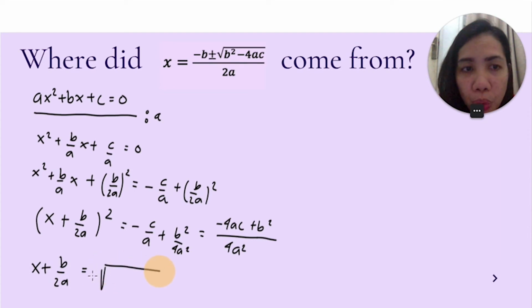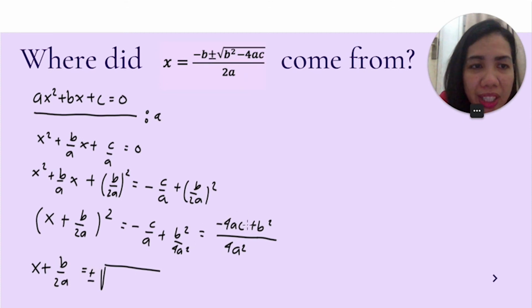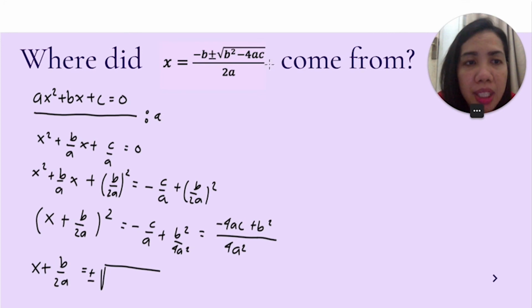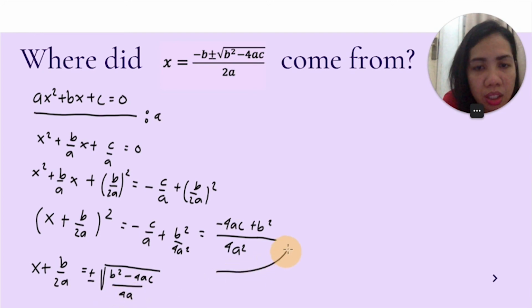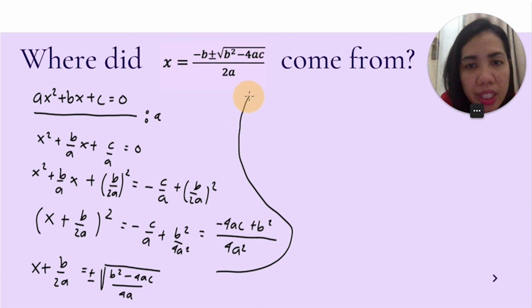Don't forget to put the positive and minus here, and then I'm gonna arrange this to be similar to this. So I'll put b squared first, followed by minus 4ac, and then divide by 4a squared.